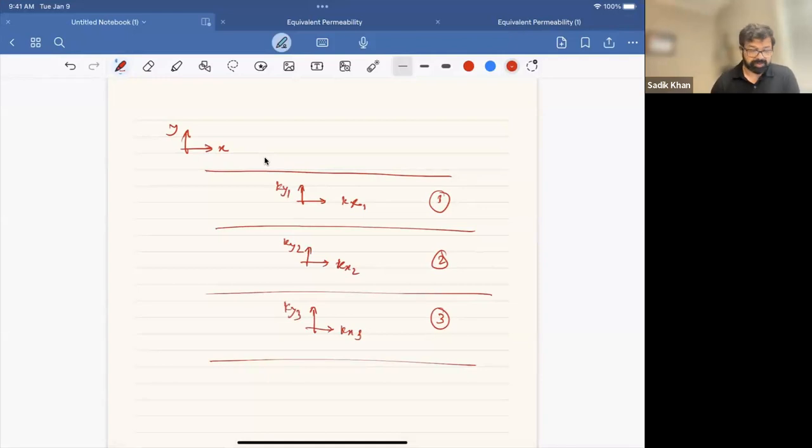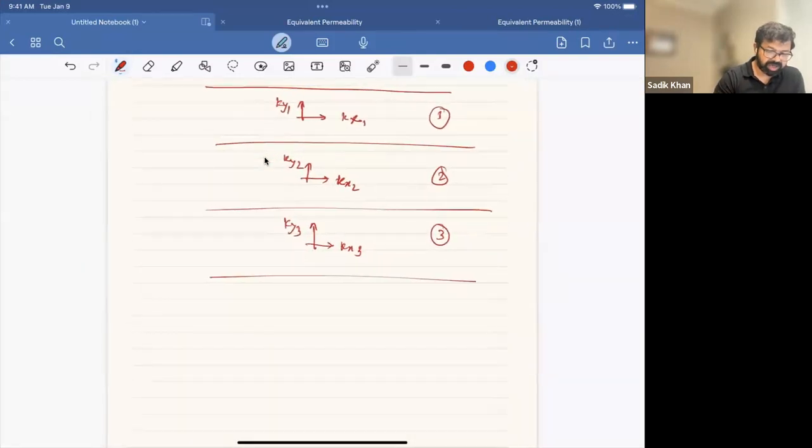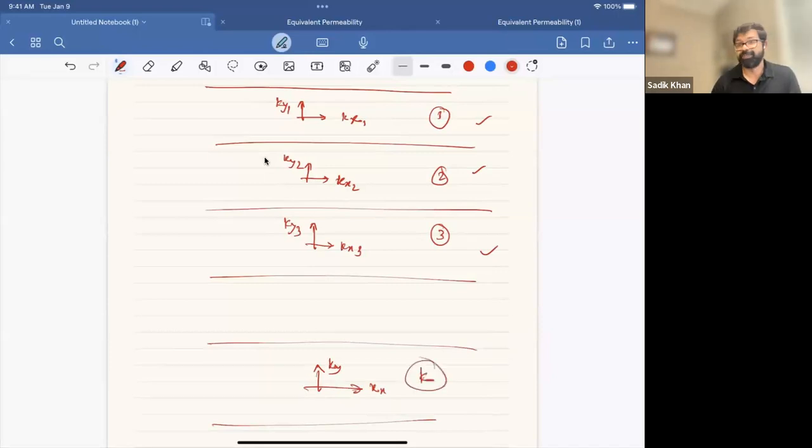So looking at all those permeabilities, now we wanted to find out how the water will flow through. Let's say we wanted to find an equivalent soil, converting all 3 different soils into one representing soil. And for that soil, we wanted to find out what is the overall KX, what is the overall KY, and what is the overall K. Any idea?